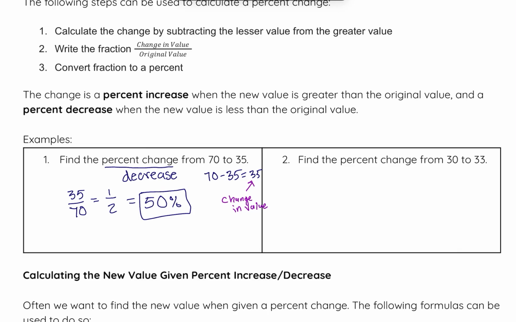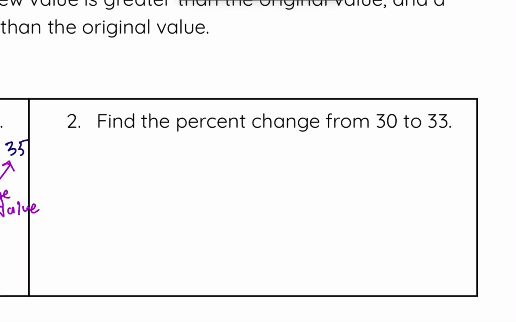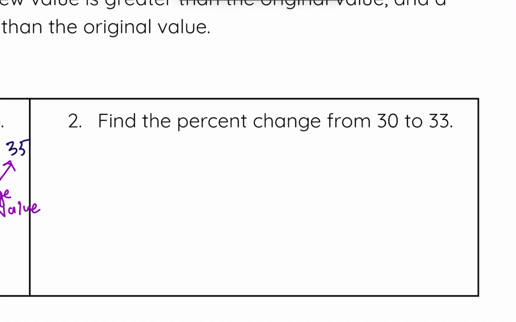Let's take a look at one more example. Here we want to find the percent change from 30 to 33. Again, we first want to determine if it's an increase or a decrease. We know this is going to be an increase because we're starting at 30 and it's going up to 33. So that's going to be a percent increase. Next, we find the change in value.